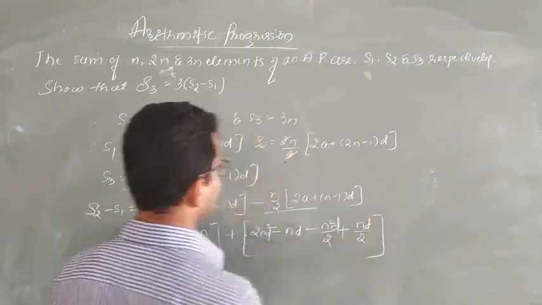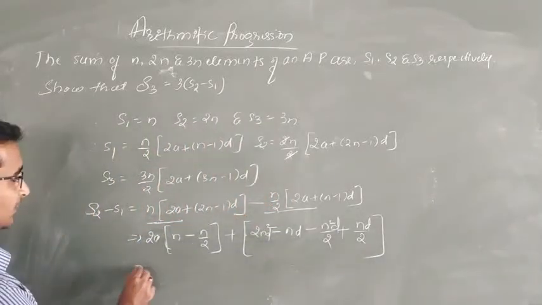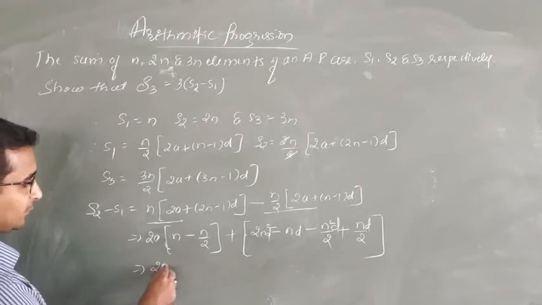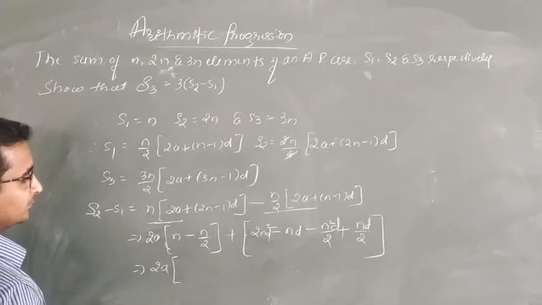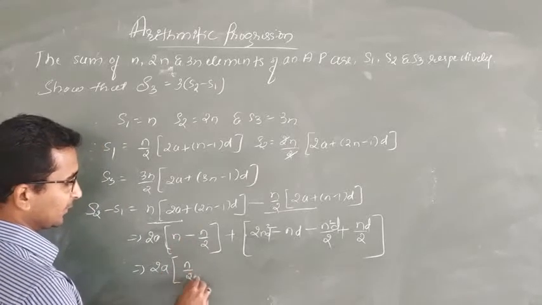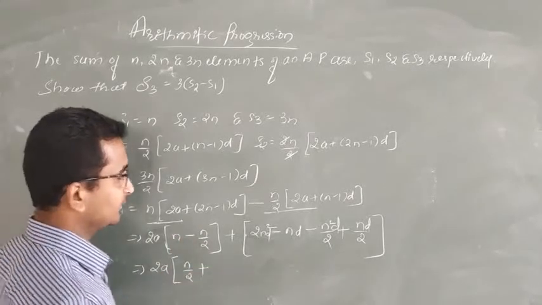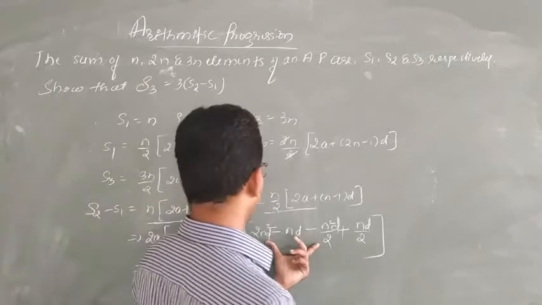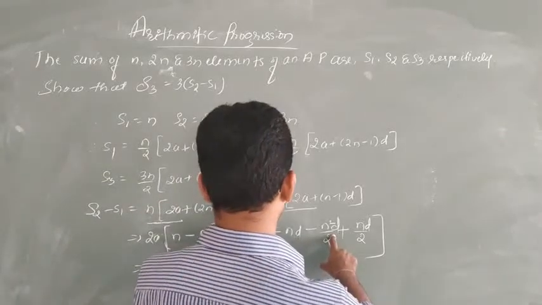This is when I take the LCM: 2a, then 2n minus n is again n by 2. Plus here I take n square d as the common multiple.